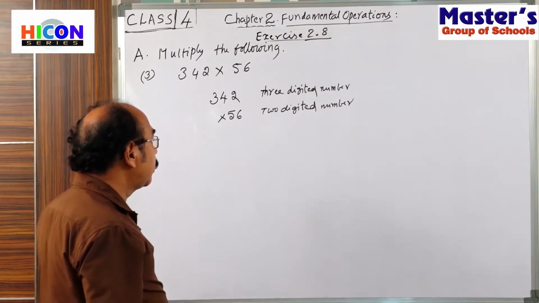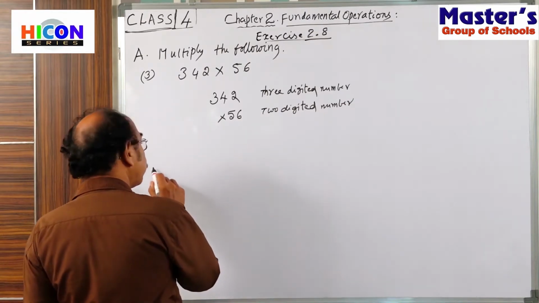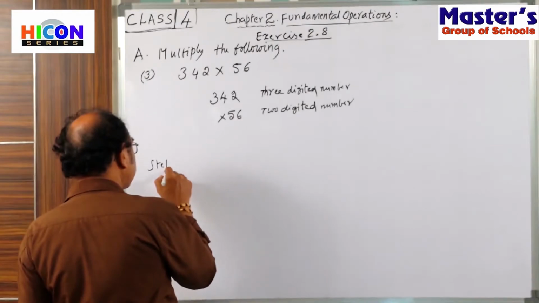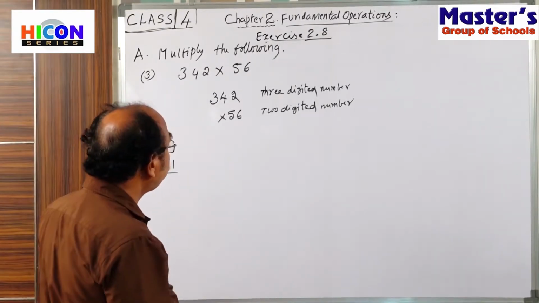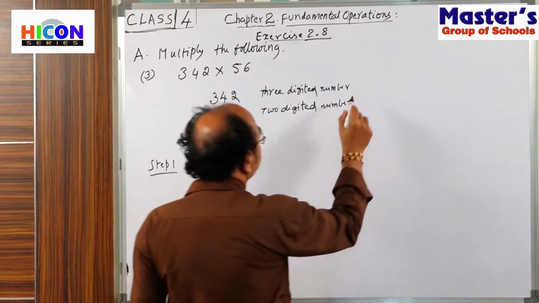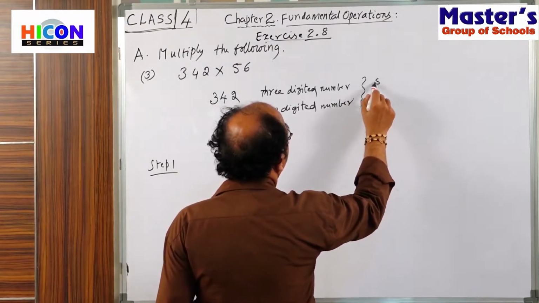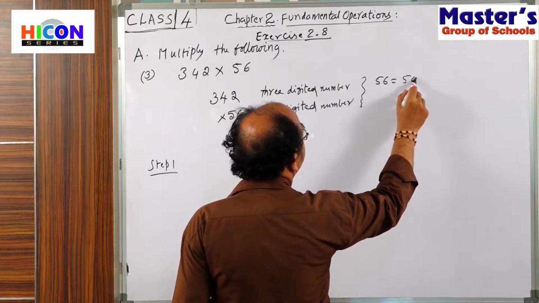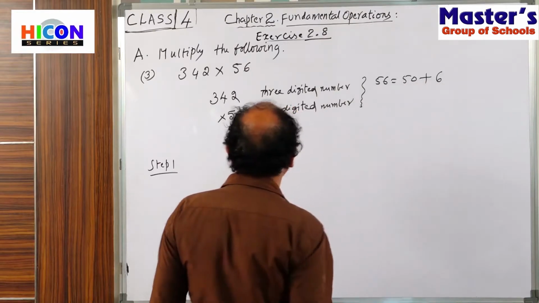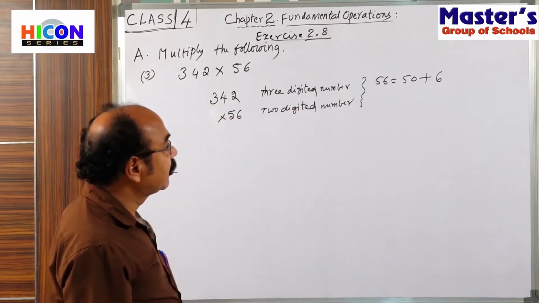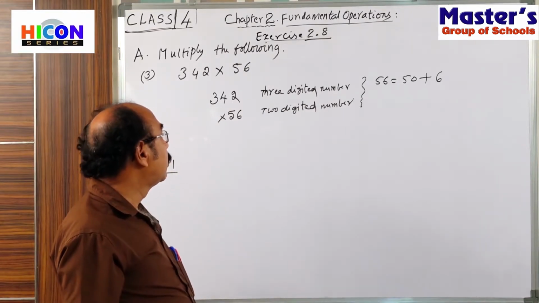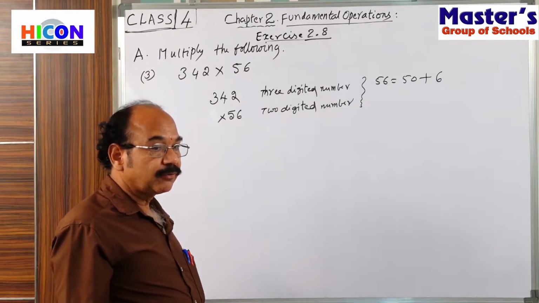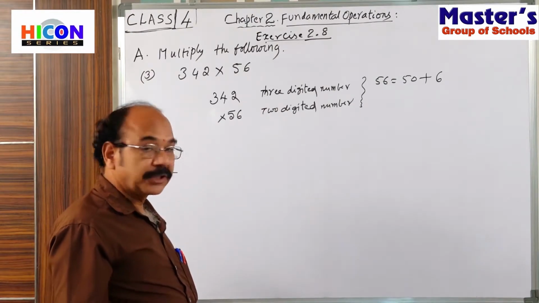Okay. Now here in step 1, 56 can be written as 50 plus 6. So, multiply 342 first with 6.